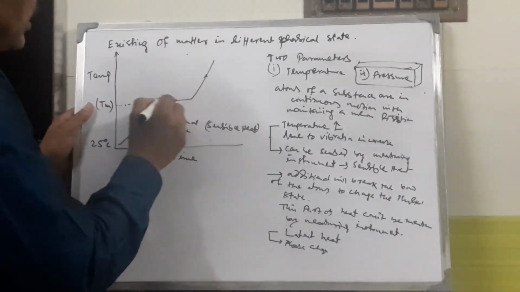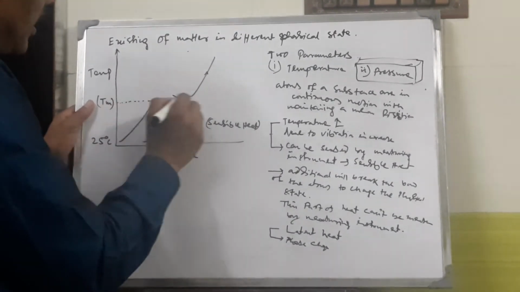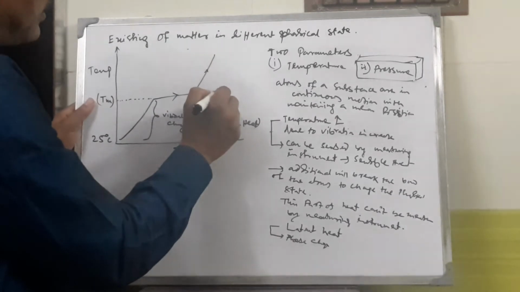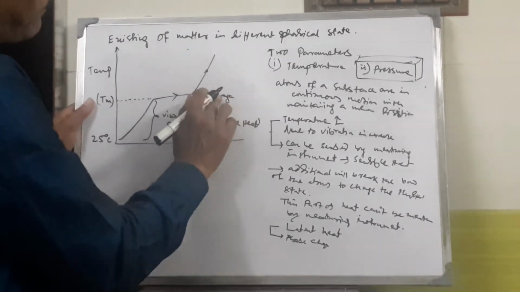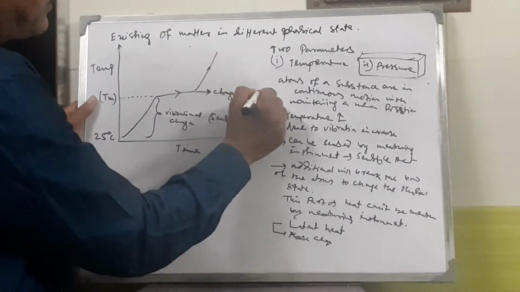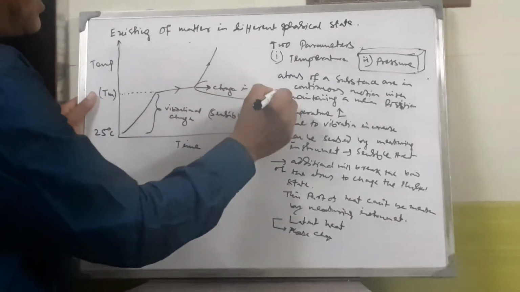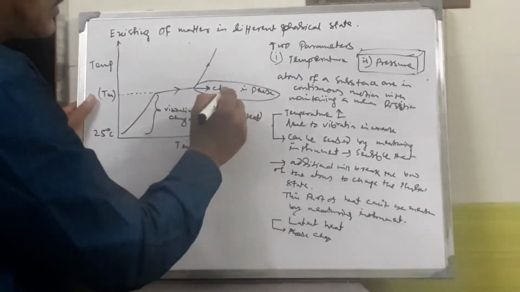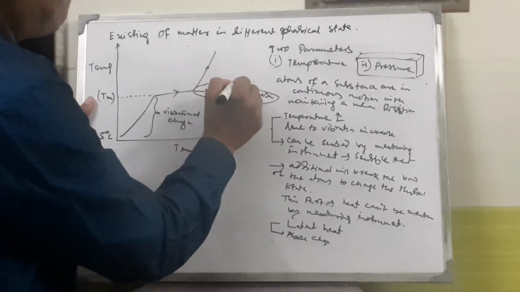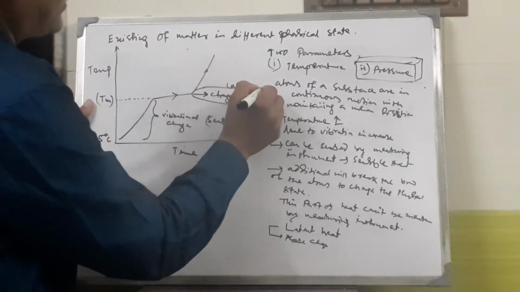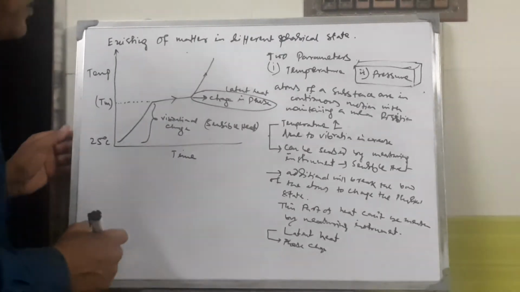there will be no change in temperature, and at a constant temperature, the change in phase occurs. This is related to the latent heat, also known as entropy.